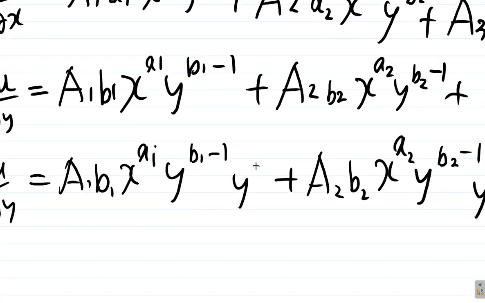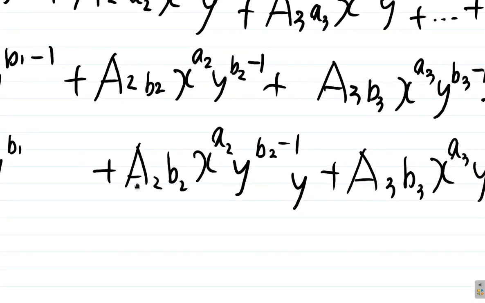Now let's fix it up. Here y means y to the 1, and when you multiply y to a power times y to another power, you must add the powers, right? Remember your laws of indices. So if you do that, it's going to be plus 1, but negative 1 plus 1 goes to 0, so this part is gone, and the same argument will apply to all the others.